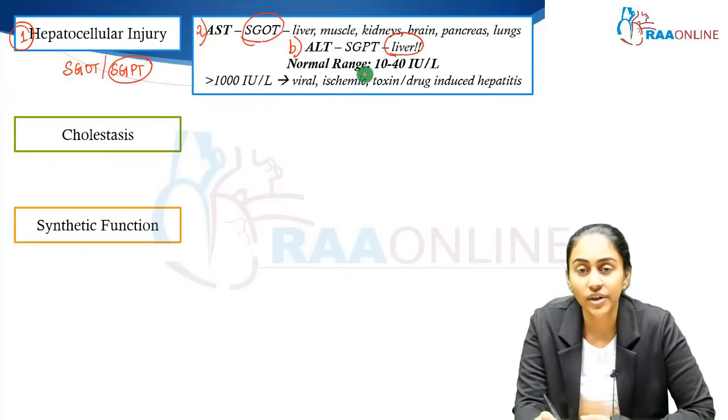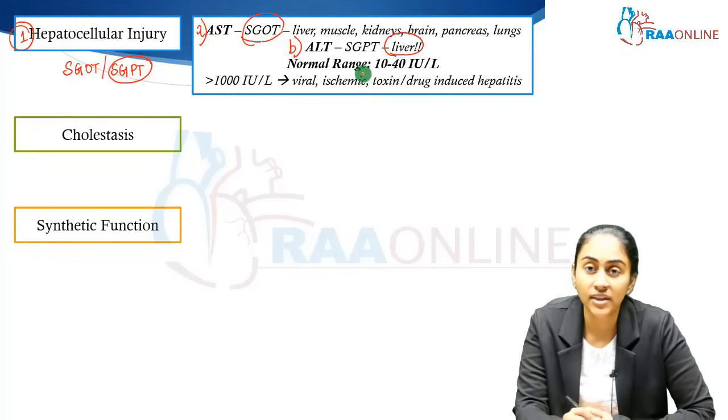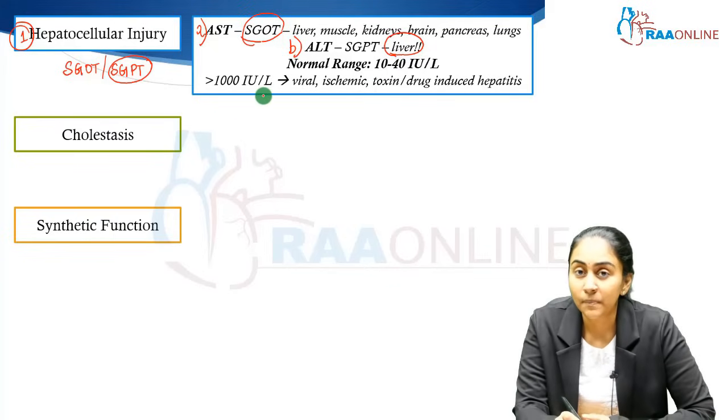Now, the normal range of both SGOT and SGPT is somewhere between 10 to 40 international units per liter, and whenever patients have these transaminases in thousands, when the value is above 1000 international units per liter, that means we are thinking of one of these three problems.